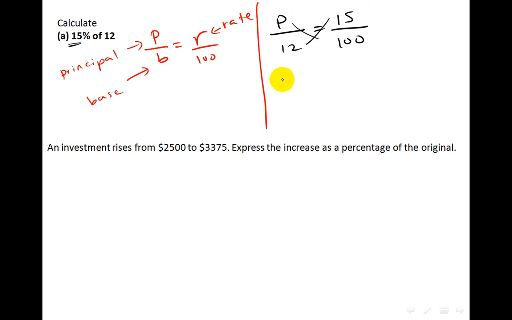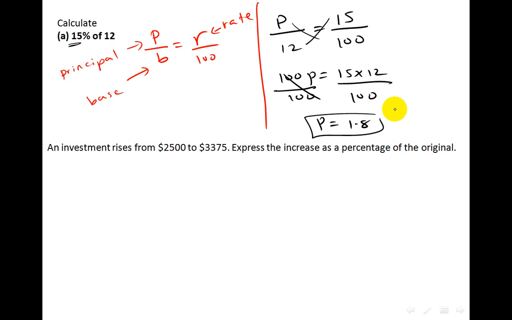Just cross multiply: 100 times P equals 15 times 12. To get P by itself, divide both sides by 100. P is going to be 1.8, so the principal is here 1.8.